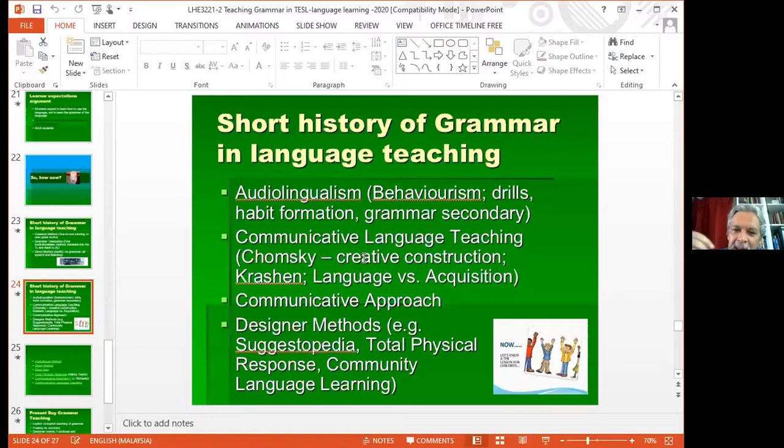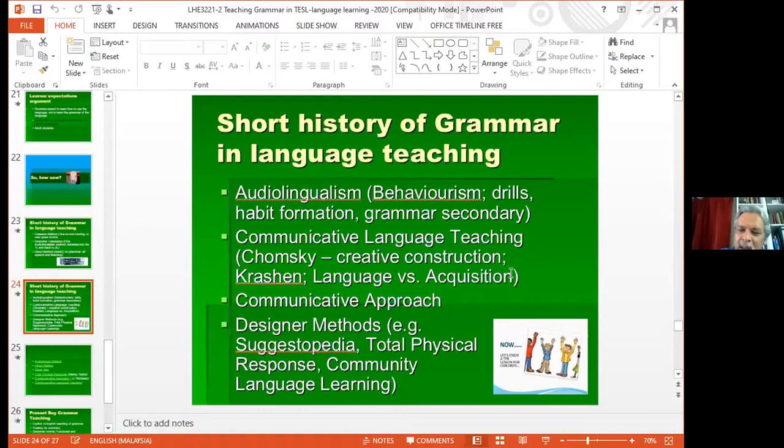And errors that students make were not seen as bad habits, but were things that would help the teacher understand what is happening with the students in terms of their understanding of how the language works. Okay, so Krashen picked up on this.